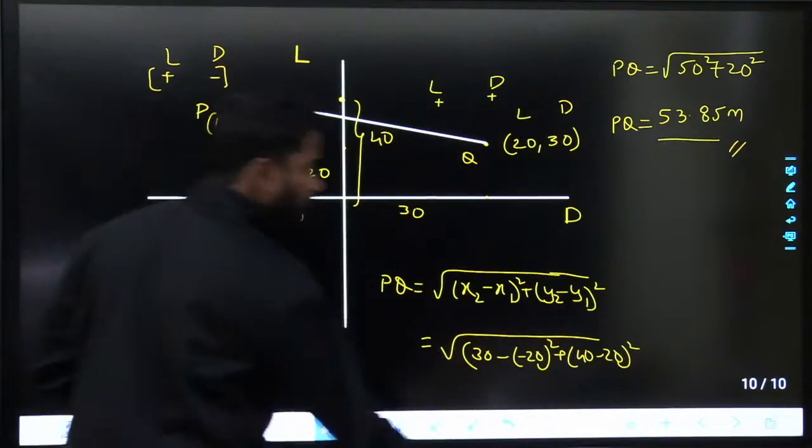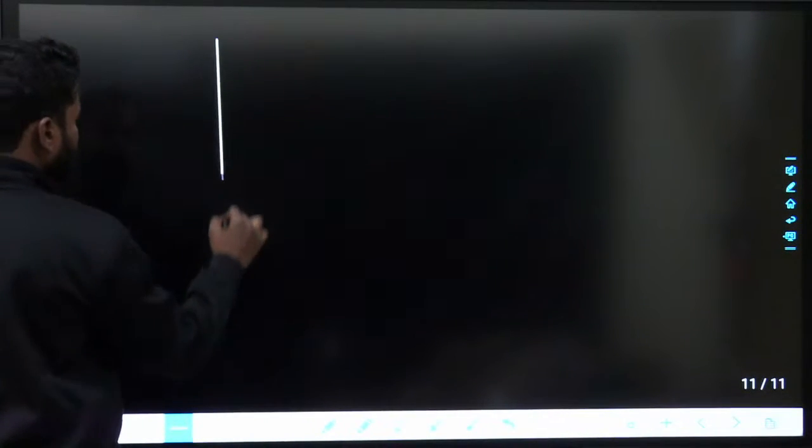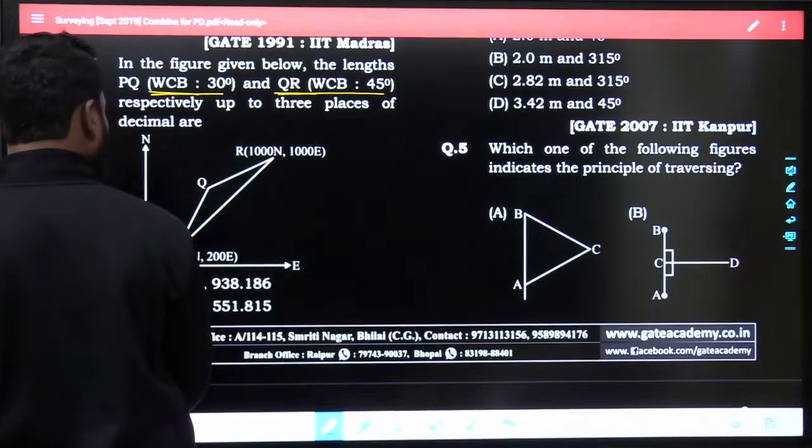If I try to draw this, P is 100 northing, 200 easting, Q is 1000 northing.